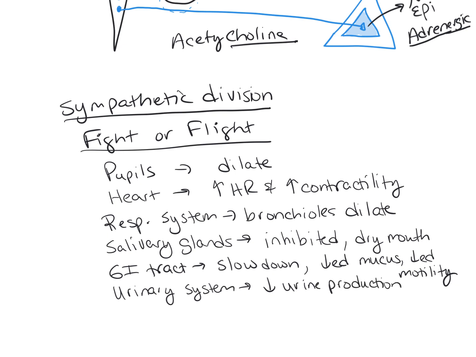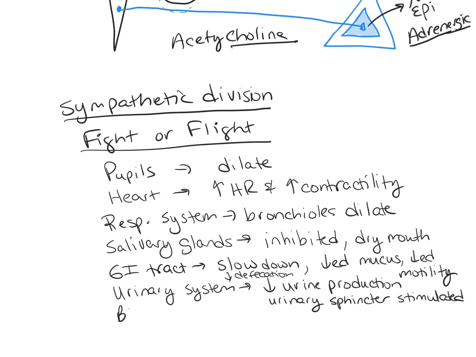The urinary sphincters will be stimulated though, because they'll contract so that you don't urinate. The sphincter muscles hold things in, hold the urine in. In the GI tract too, the sphincters of the rectum will hold the feces in, so you'll have a decrease in defecation.